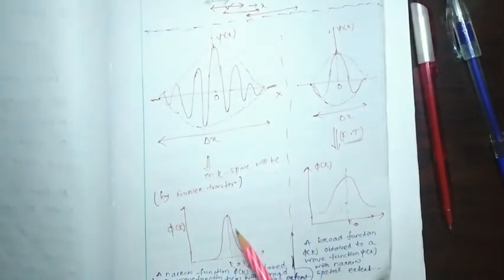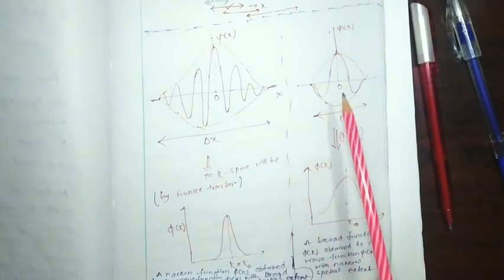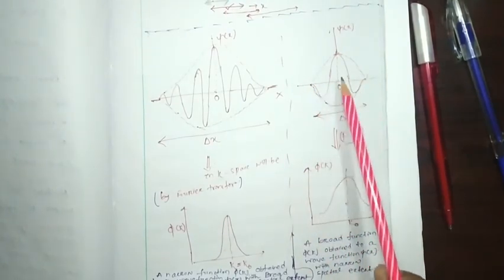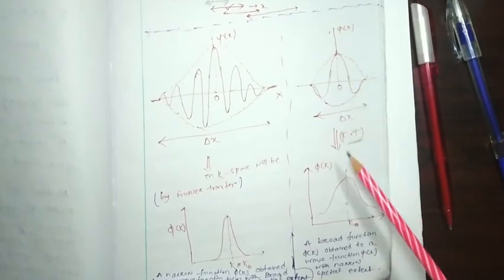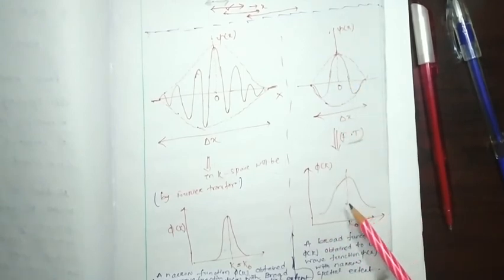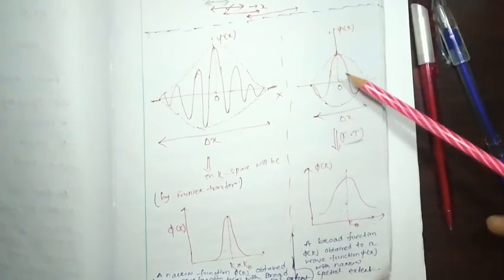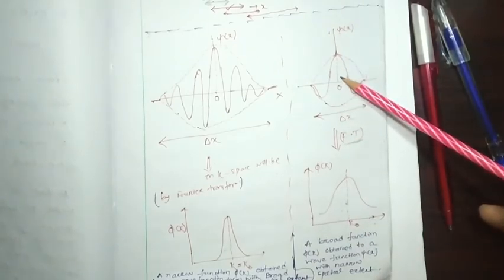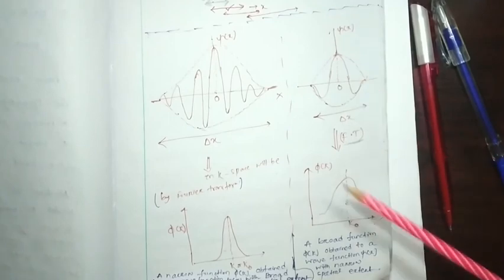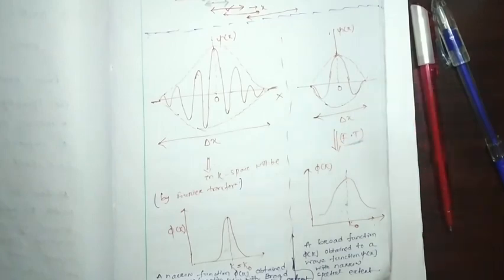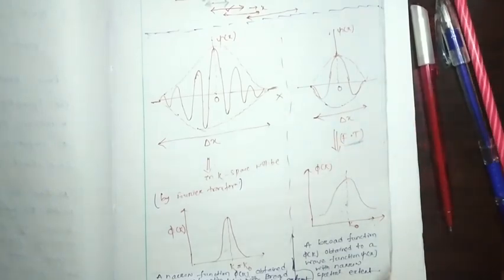Whenever the spatial extension is large, we get a sharp peak in k space. When the spatial extension is small, or narrow, we get a broad peak in k space. Okay, this is the Fourier transformation. That means this geometry is the Fourier transformation of that one, and mathematically, if you verify, you will get the same thing.